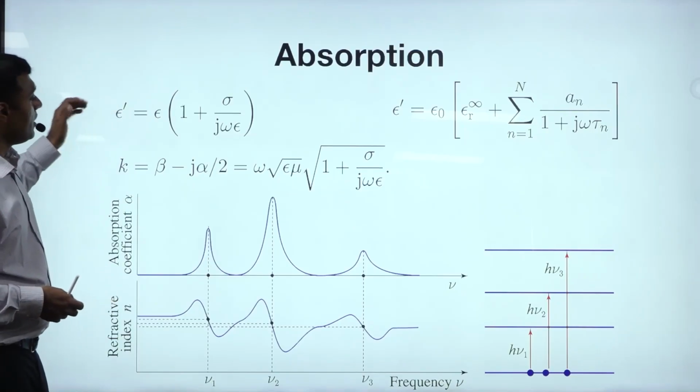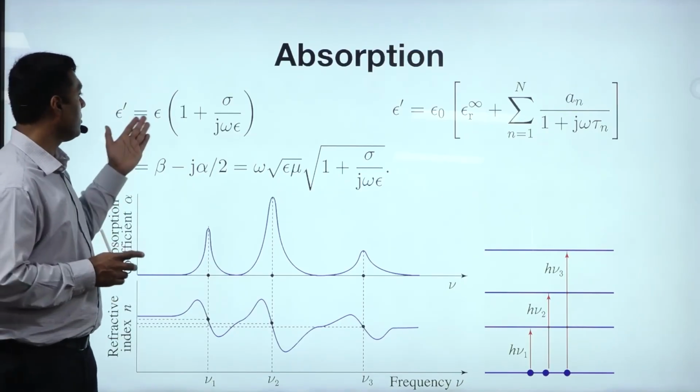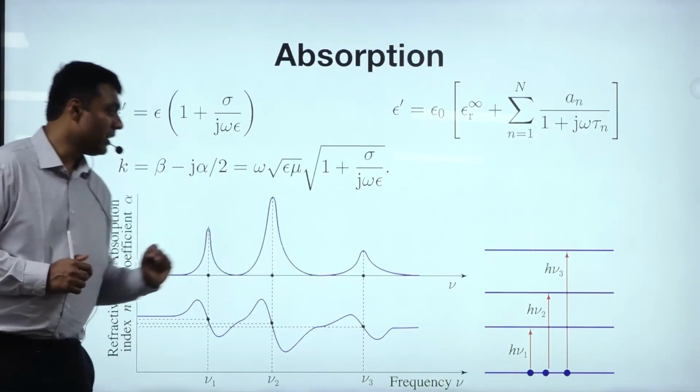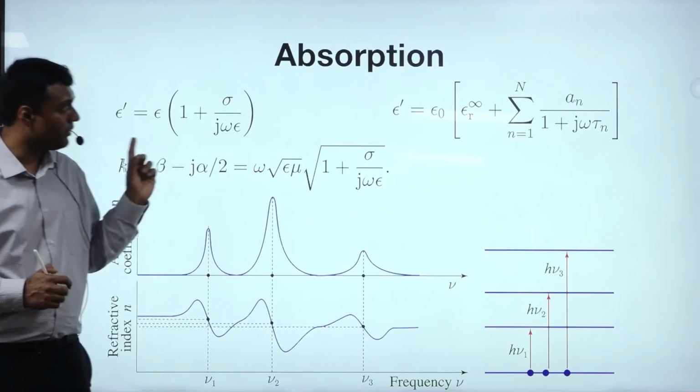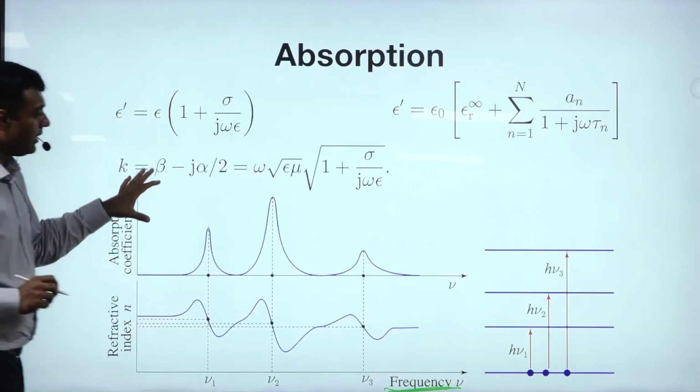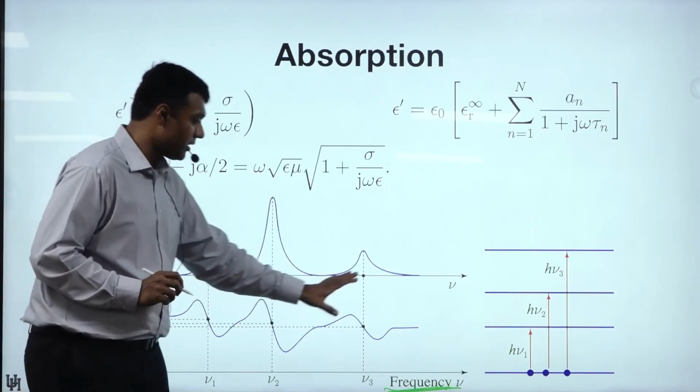One way to think about it is that there are different peaks. If you take alpha and measure it as a function of wavelength or frequency, then at different wavelengths there could be a special absorption.